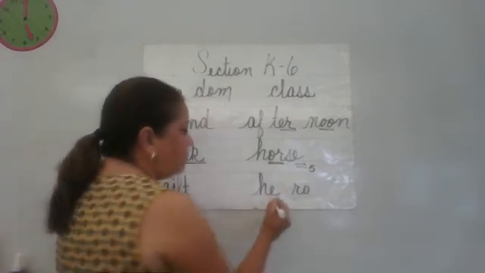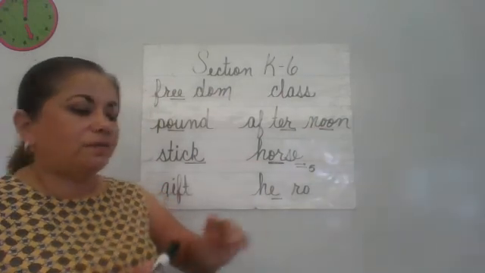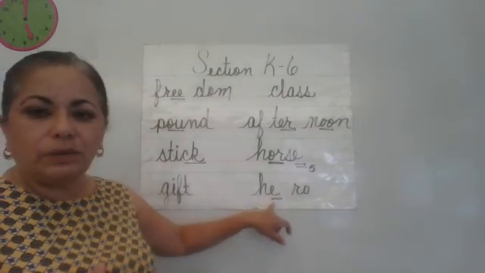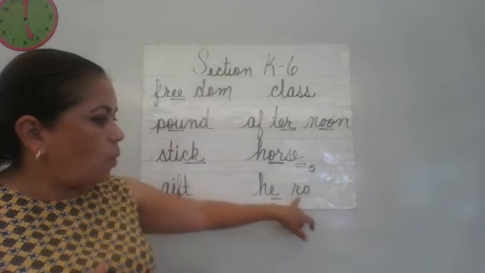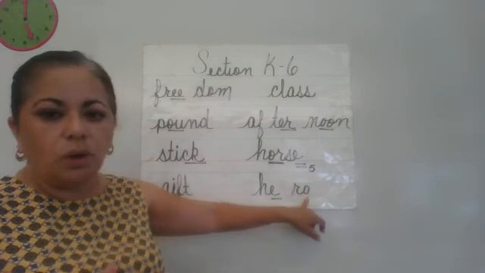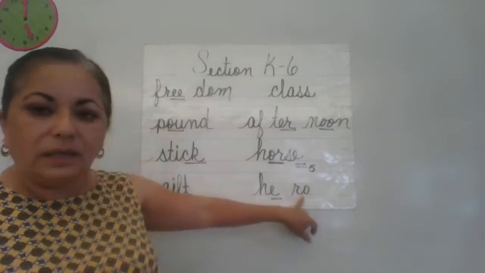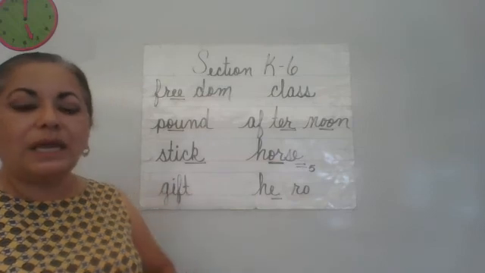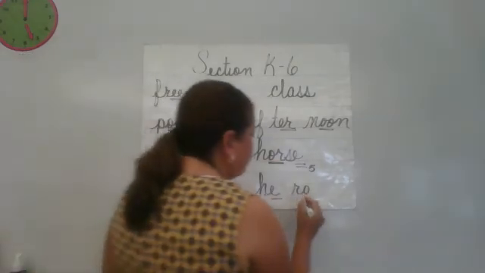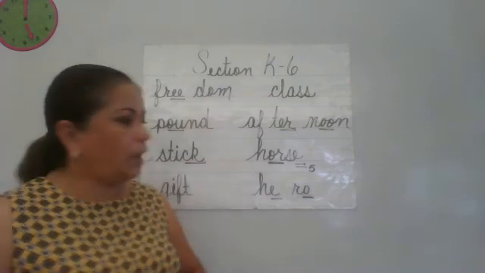E, he. Why is it saying a second sound? Because vowels at the end of a syllable will say their second sound. Row, R, row, o. It's the same thing. It's at the end of a syllable, so it's saying its second sound. Hero. Okay?